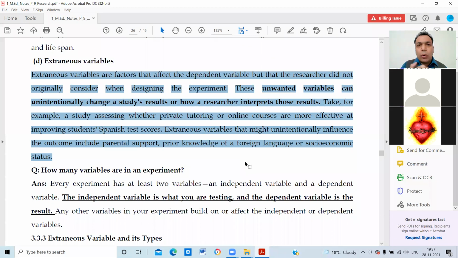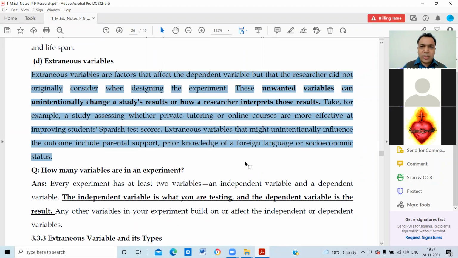There is no provision of tuition, there is no parental support. Such support is not coming to the student. So what is happening? The student is not progressing. Such variables like parental support and prior knowledge of particular things are the extraneous variables.